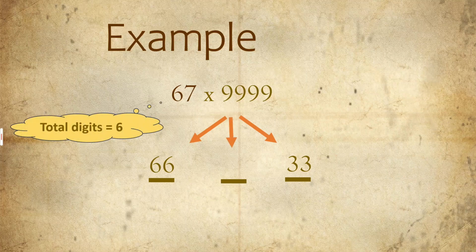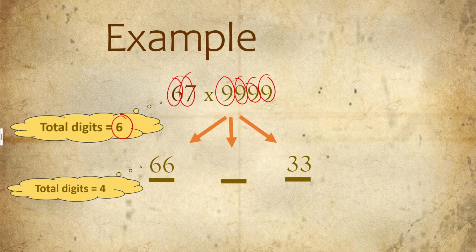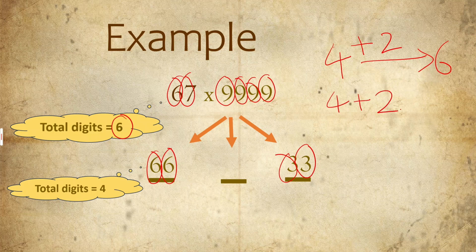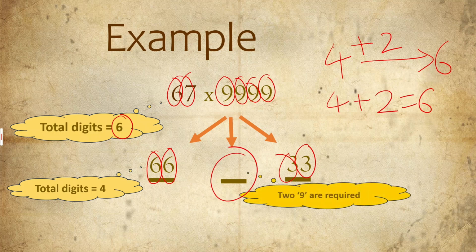The middle part is going to be the required number of 9s. Let's count the total digits over here. 1, 2, 3, 4, 5, 6. So the total digits in the problem that we have is 6. On the other hand, in the answer that we have received so far, 1, 2, 3, 4, it's 4. So how do you make 4 into 6? You basically add 2, because 4 plus 2 is equal to 6. So the number of 9s is going to be 2.